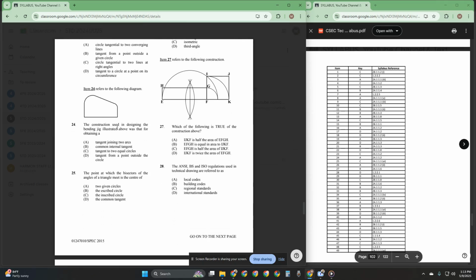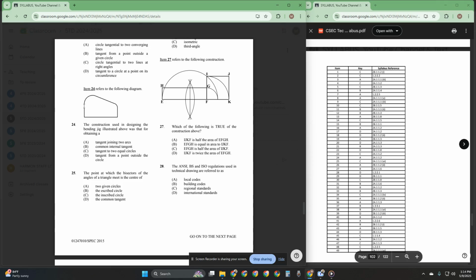24. The construction used in designing the bending jig illustrated above was that for obtaining a tangent joining two arcs, common internal tangent, tangent to two equal circles, tangent from a point outside the circle. 24A, tangent joining two arcs.